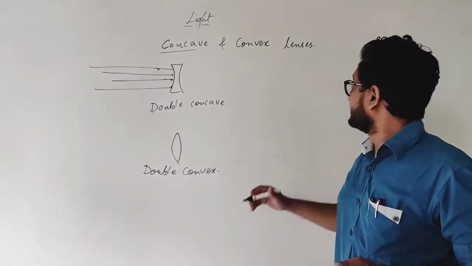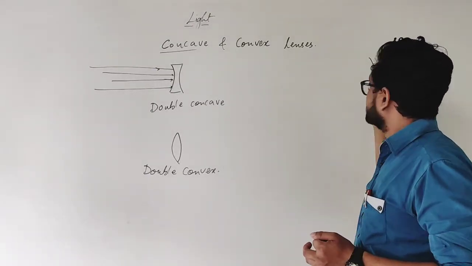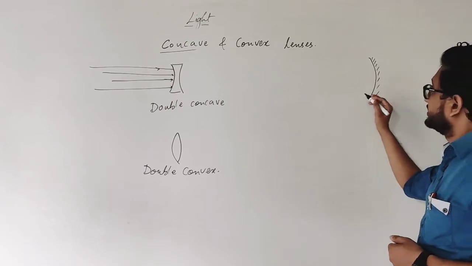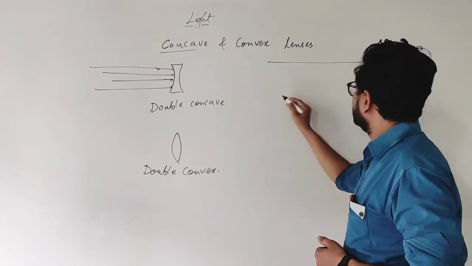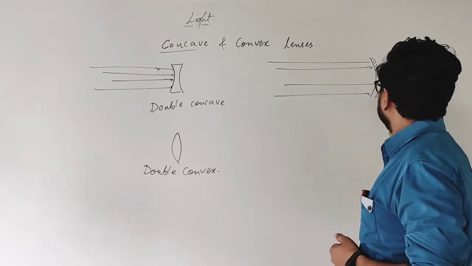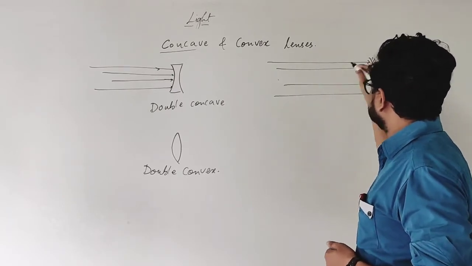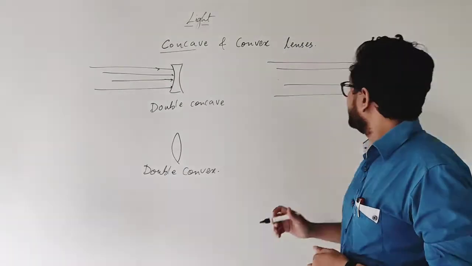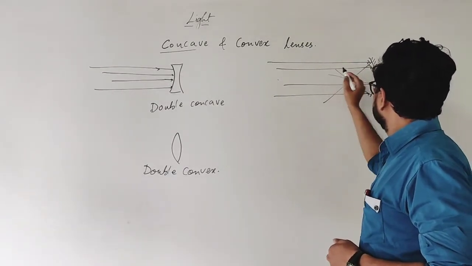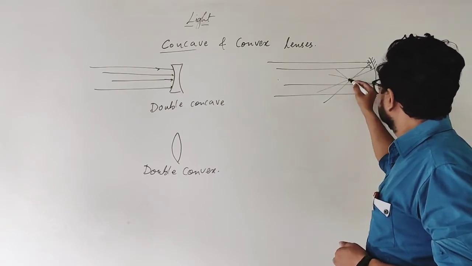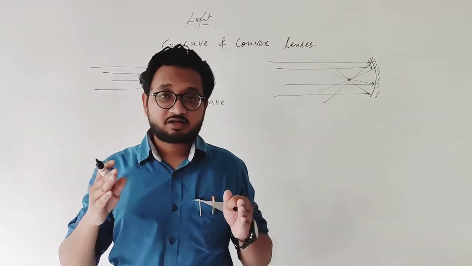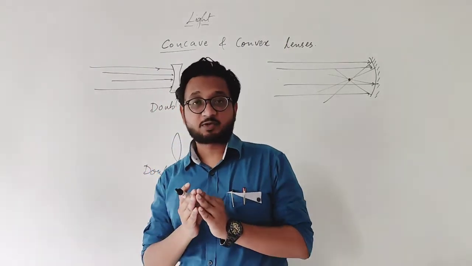If you remember our concave mirror, which was like this, one side was curved, and the rays of light were converging, that is getting together.